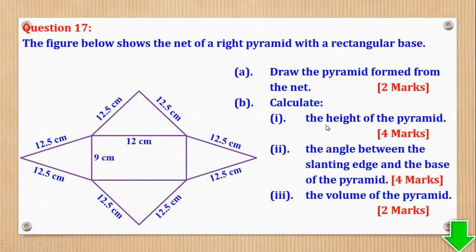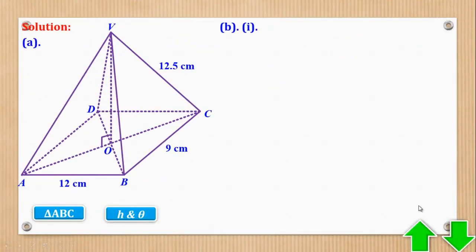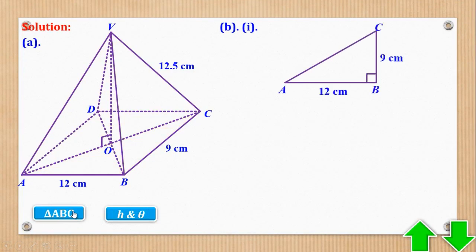Part B, they said calculate the height of the pyramid. So for the height of the pyramid, we shall first extract out that triangle, because actually the height they want is this h.